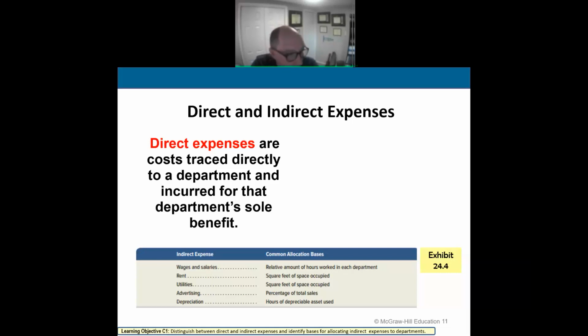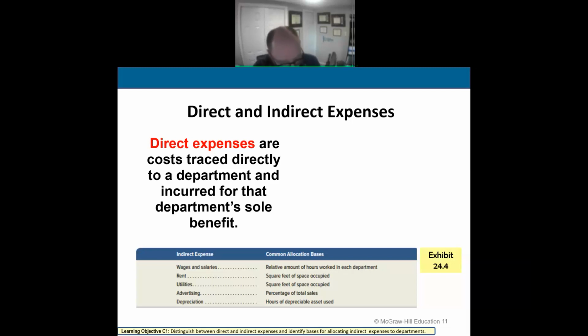So if I have a 500,000 square foot store, a pretty big Macy's, and my jewelry department makes up 5,000 square feet of that 500,000 square foot store, and my rent is $1 million a month, I can allocate the portion of the rent to the jewelry department based on the square footage.